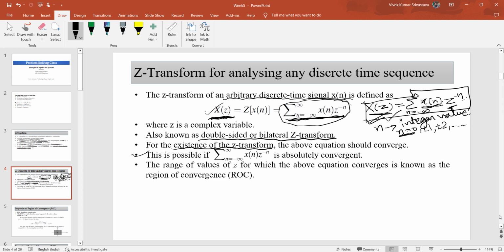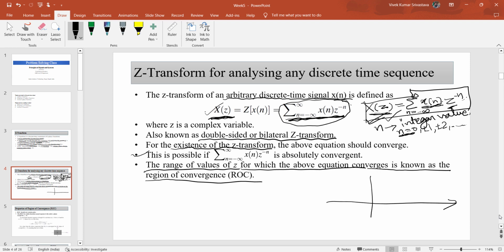Okay, so the range of values of z for which the above equation converges is known as the region of convergence. Basically, suppose this is my z domain, where this is the real part of z and this is the imaginary part of z, and here we are varying z.